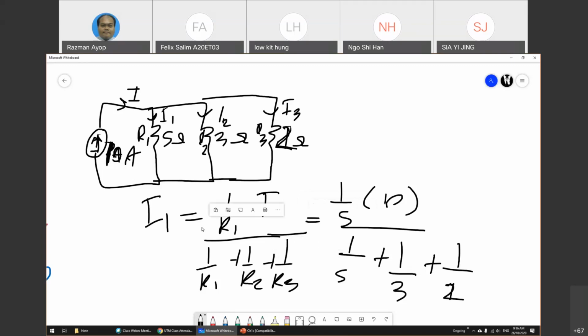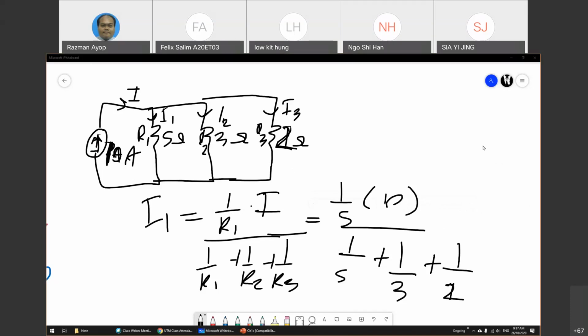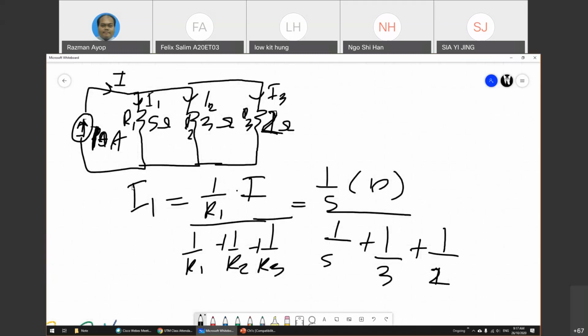So how to insert this into a calculator? This is how to find I1 using the current division rule.